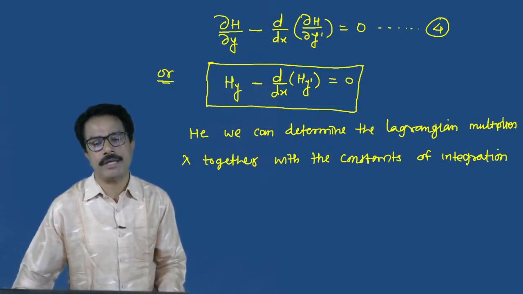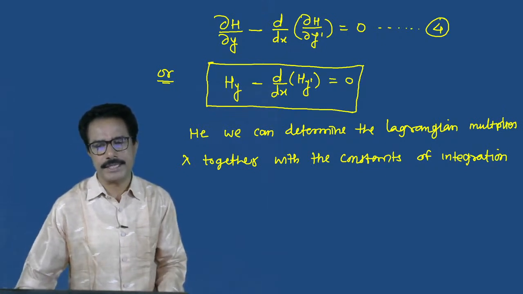Here we can find the value of lambda, the multiplier, with the constant of integration.